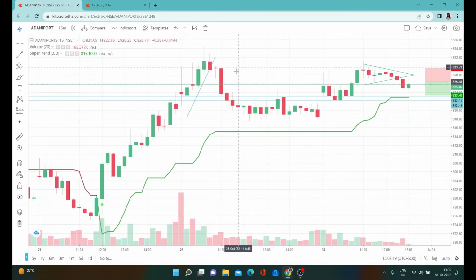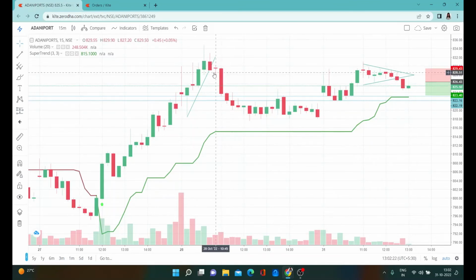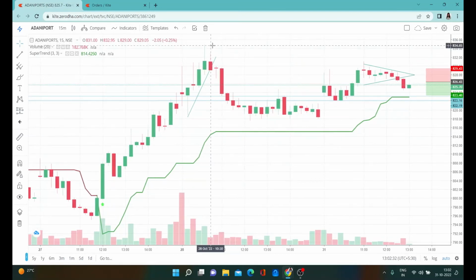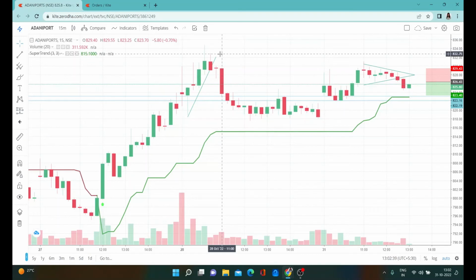You could have made more than 8 points, and your stop loss would be above the wick. Don't place it right above the wick. It's never a good idea to place it right above the wick. Now give it some space. Place it above 836. Alright.